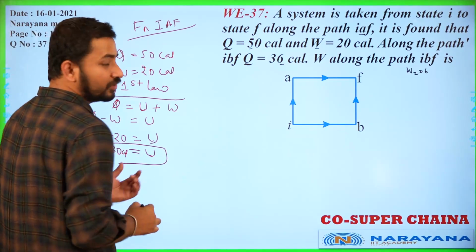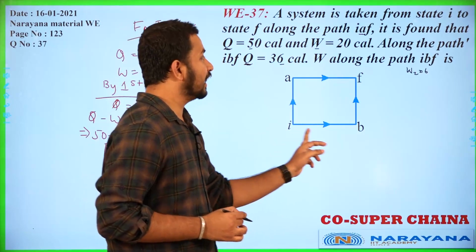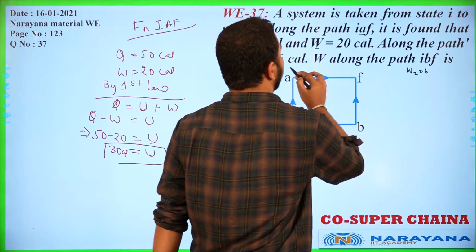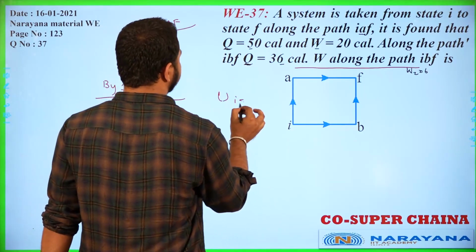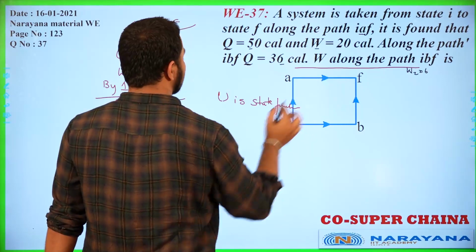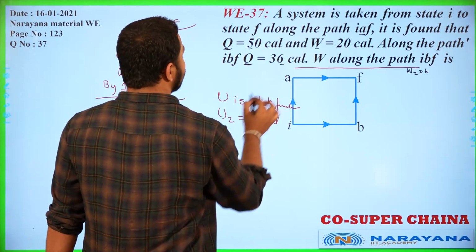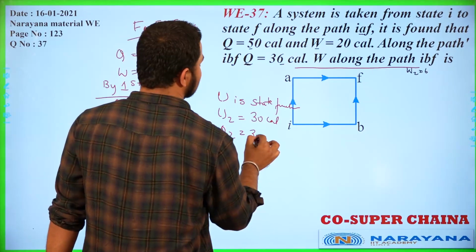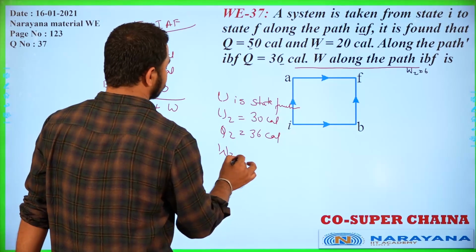Now you know that U is a state function. It will be the same for the IAF and IBF processes. Here you need to find the work done for IBF. Since U is a state function, it remains the same, so U2 will be the same, 30 calorie. Q2 is given here as 36 calorie. W2 you need to find, student.